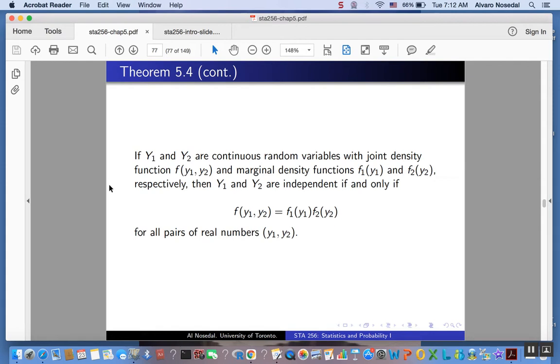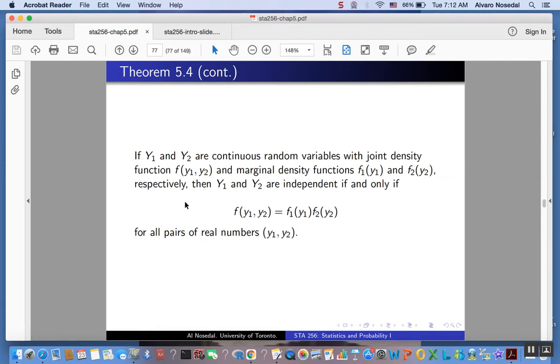Anyway, as I said, in this video we are going to be discussing independence, and there are different ways of showing independence between two random variables. Theorem 5.4 is one way of doing so for continuous random variables.